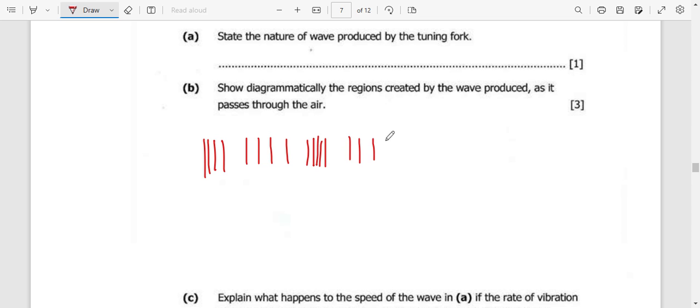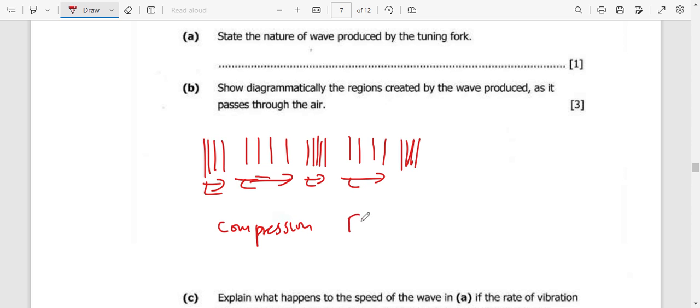So we have got compressions and rarefactions. These are rarefactions, and then these are compressions.